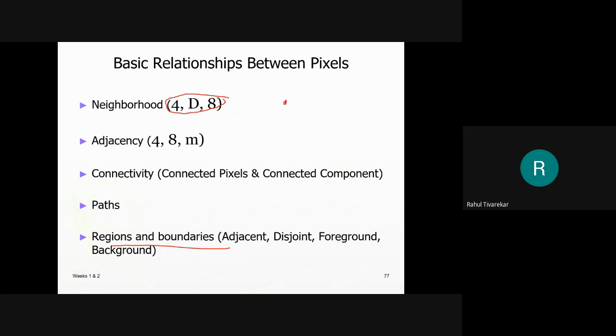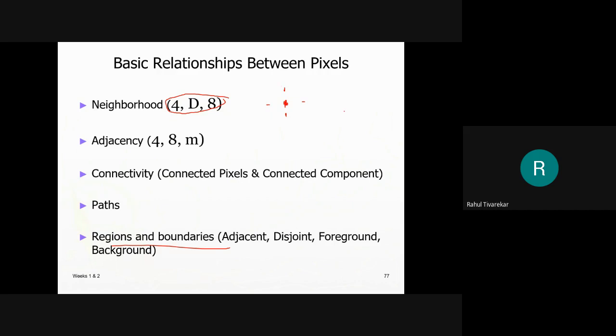Suppose the pixel is this. The neighbors standing on the left, right, and top and bottom, immediately next to the pixel under consideration, are called four neighbors.